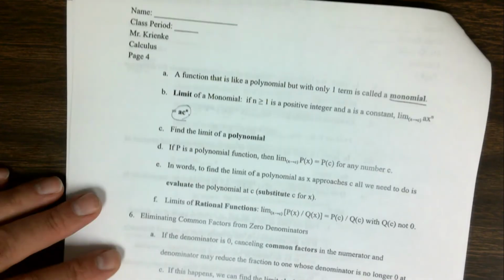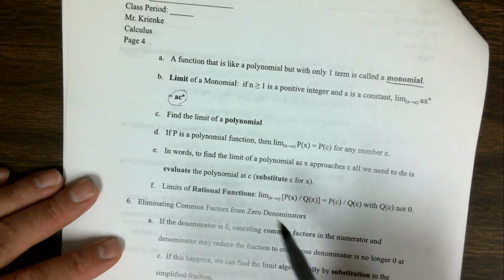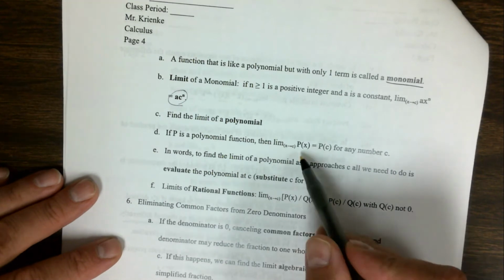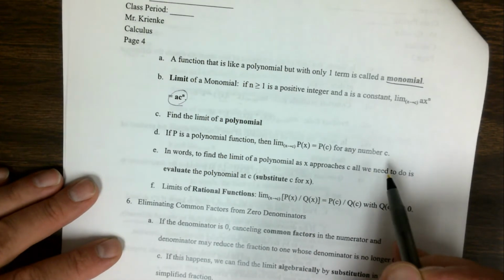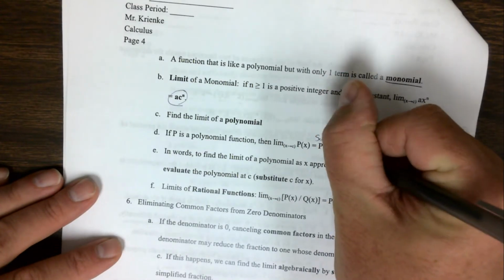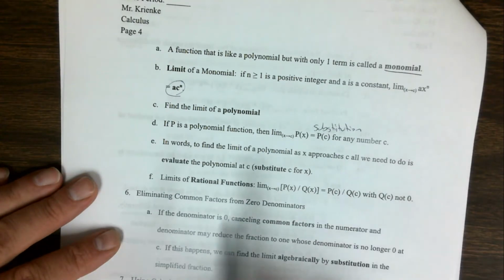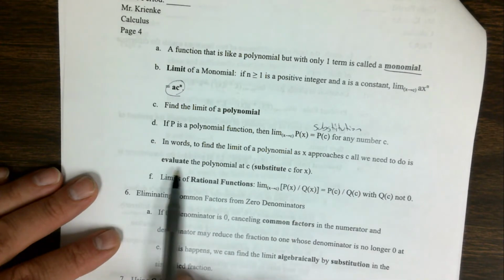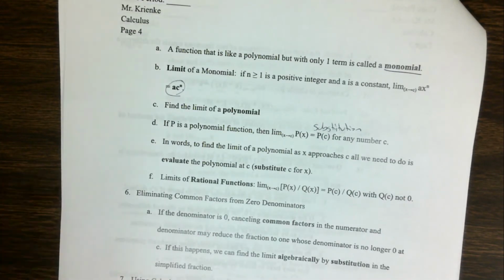You'll have to find the limit of a polynomial, and the limit of p of x is p of c for any number c. That's when it's easy. You just do it by substitution. In words, the limit as x approaches c, all we have to do is evaluate it at c, which is why I say substitute c for x.